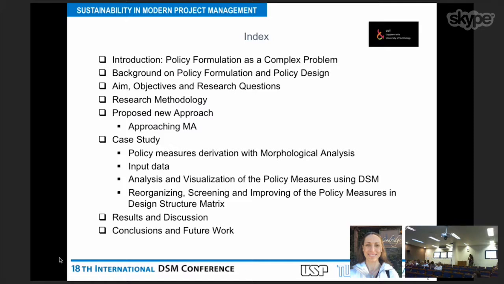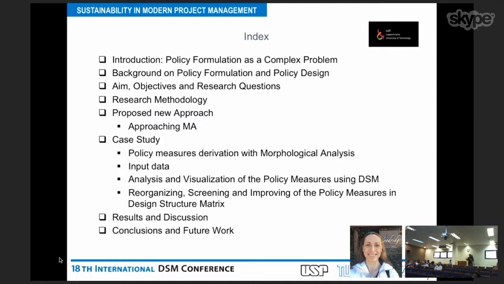We explain via a case study how we can extract policy measures from the morphological analysis, and with all of this data we build the DSM in order to analyze and visualize these measures.